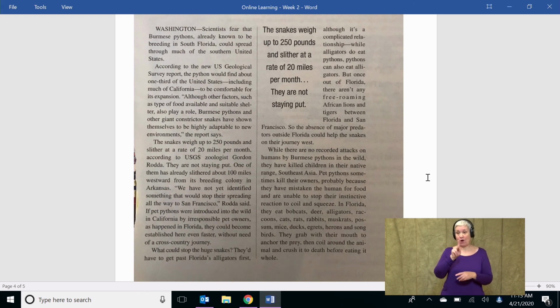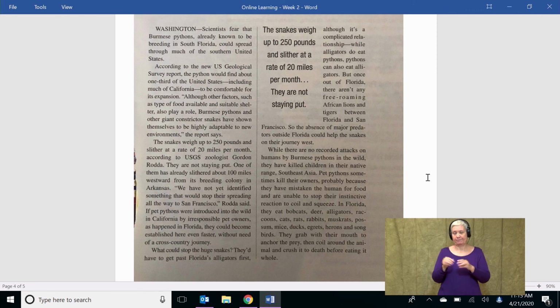We have not yet identified something that would stop their spreading all the way to San Francisco, Rada said. If pet pythons were introduced into the wild in California by irresponsible pet owners, as happened in Florida, they could become established here even faster without need of a cross-country journey.